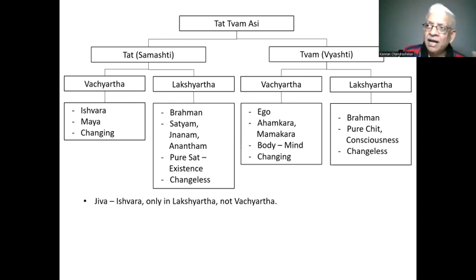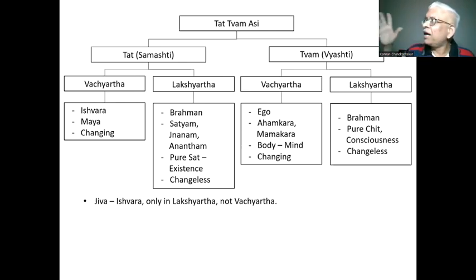Upanishads, Bhagavad Gita, Brahma Sutra shows me, reveals to me the Lakshya. This is the Lord, Samashti, Ishvara, the Creator, the nature of the Creator. We are going to study this in the 4th chapter of the Panchadasi. It will help you also there, this chart.